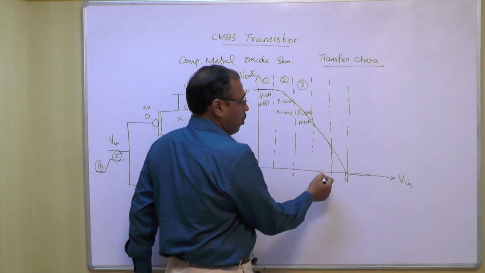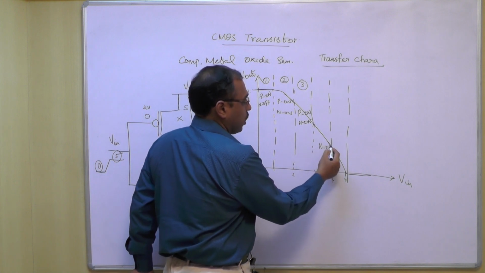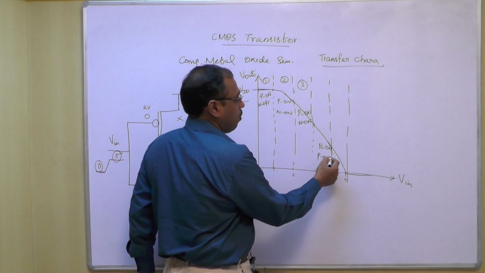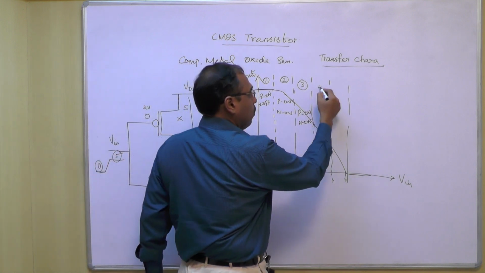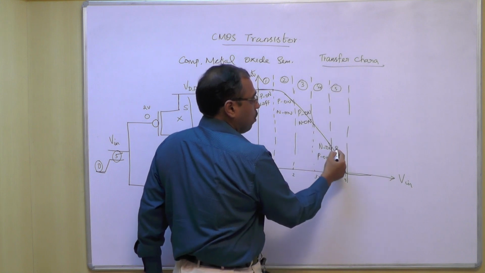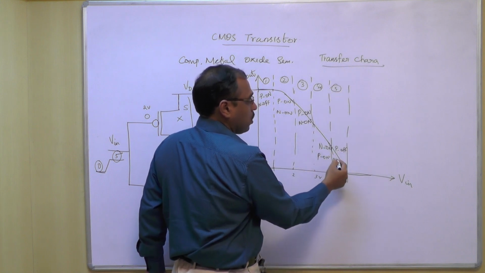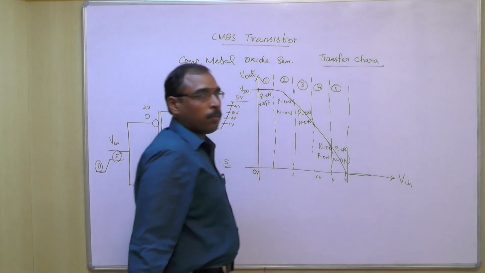When it reaches 4, N is almost in saturation and P is still on but going to be off. And in region number 5, your P is completely off and our NMOS is completely on.